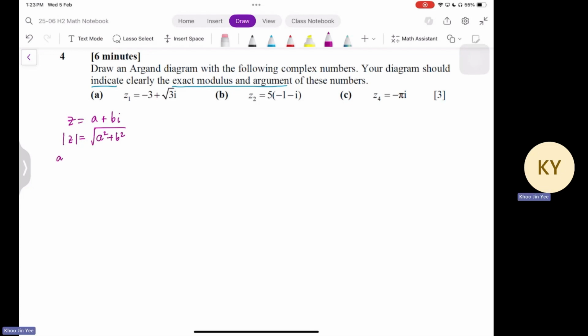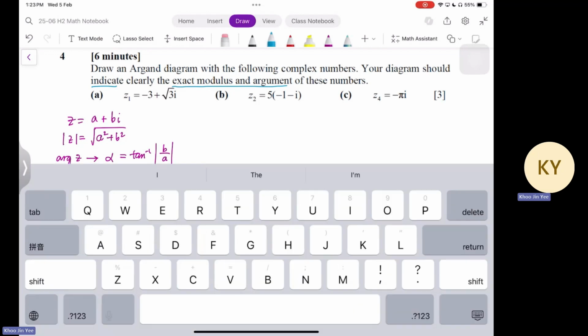Then the argument of the complex number, that one depends. Instead of the argument, I would do alpha, your basic angle, first. Basic angle is tangent inverse of modulus b over a, the positive version of the fraction b over a. Tangent inverse, opposite over adjacent.